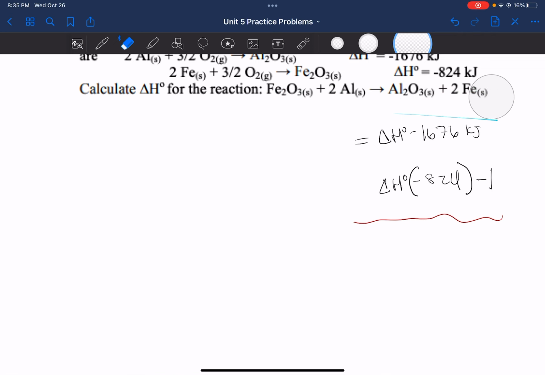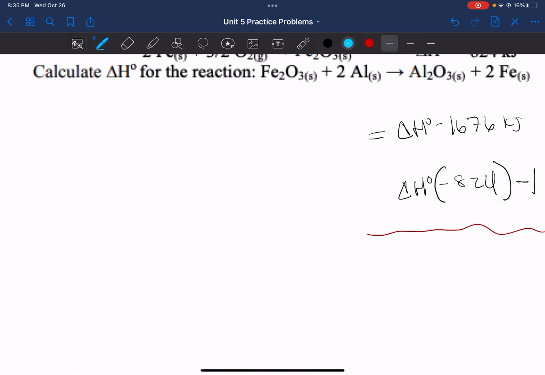So once we have these numbers, we just do a quick calculation. So the delta H value is negative 1676 kilojoules. And this one actually becomes positive 824 because it gets timed by a negative.